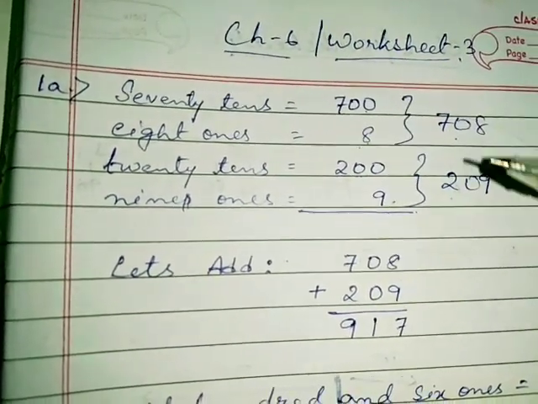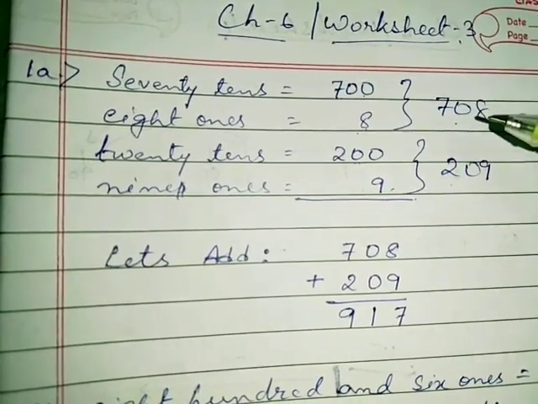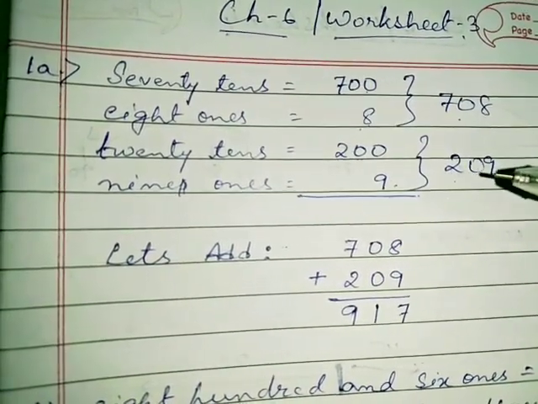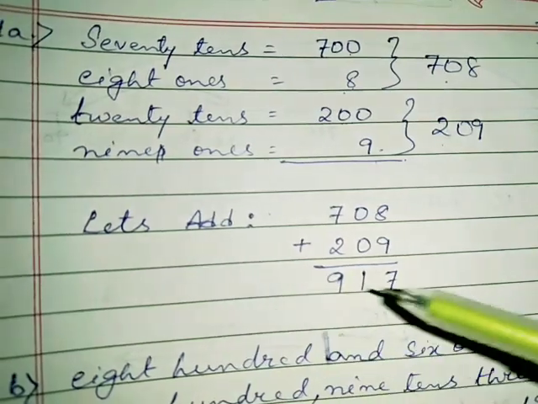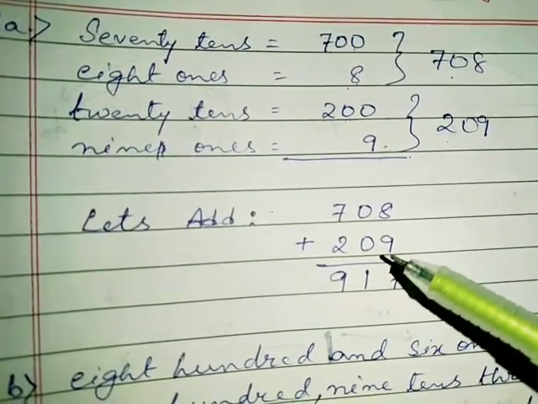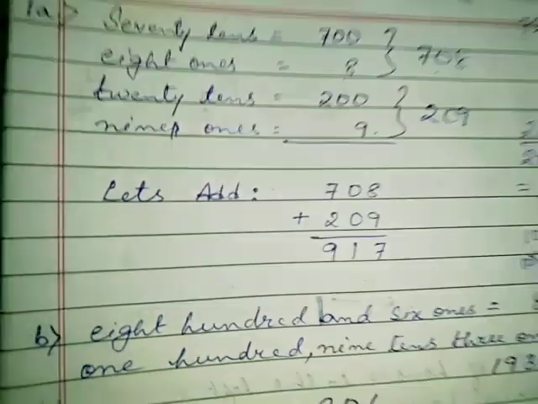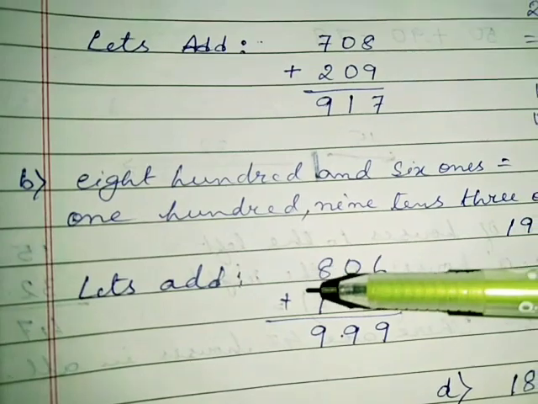Now this part I have written just to make you understand that 70 tens and 8 ones means 708, and 20 tens 9 ones means 209. In your book you will write only this portion. You will write 708 plus 209 and then add up the numbers to get 917. Number B also in the same way.